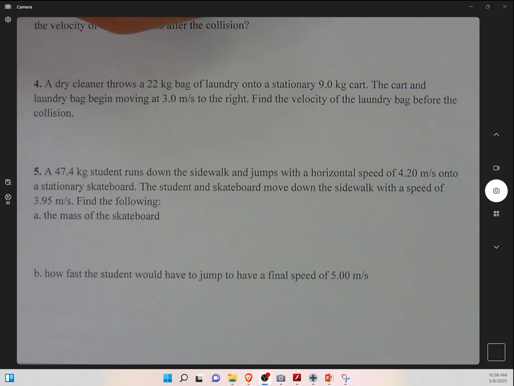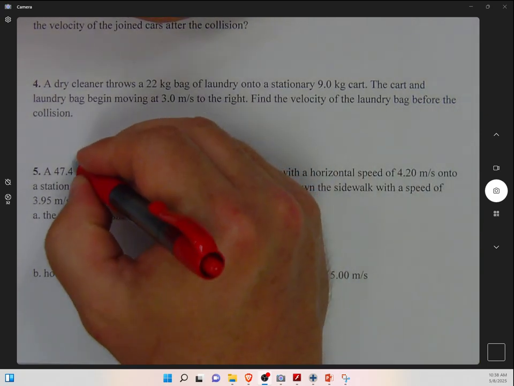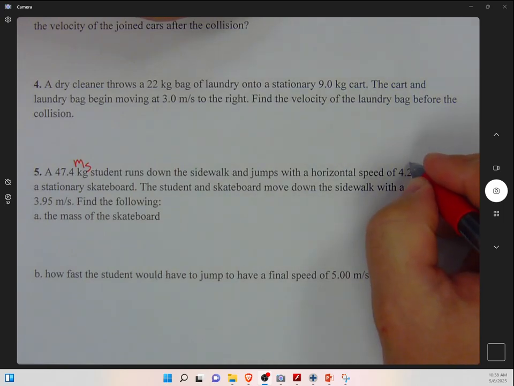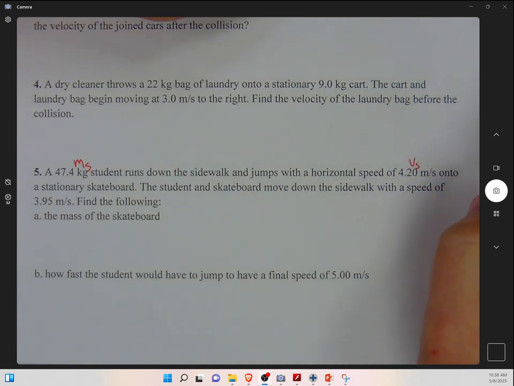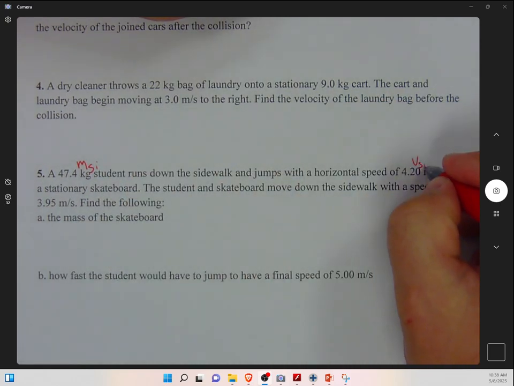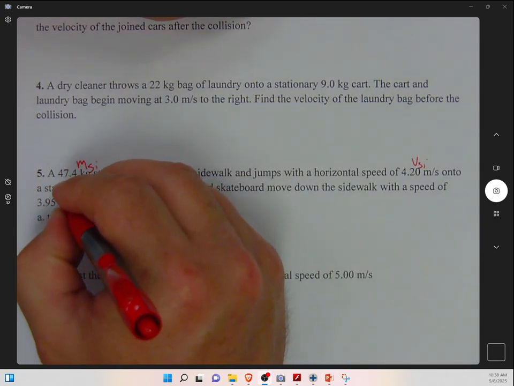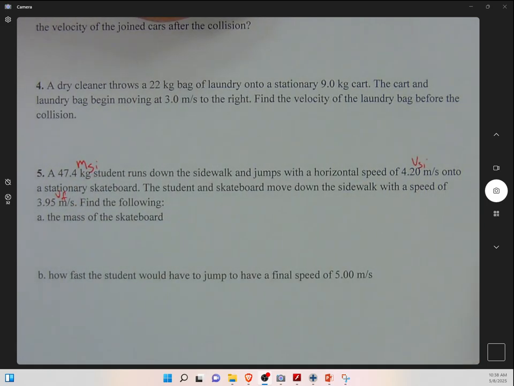Okay, so some of the things that we know here. We have the mass of the student, we have the student velocity, and I have the final velocity for both of them.